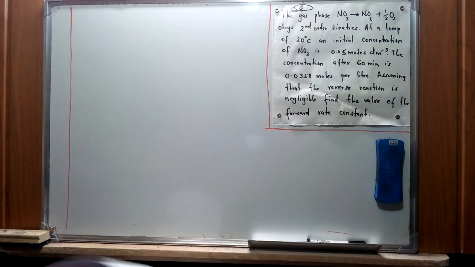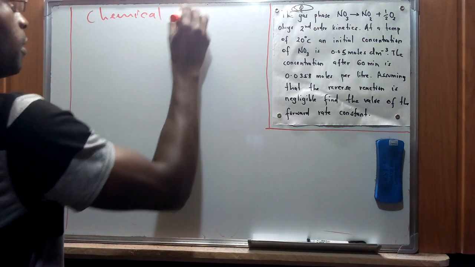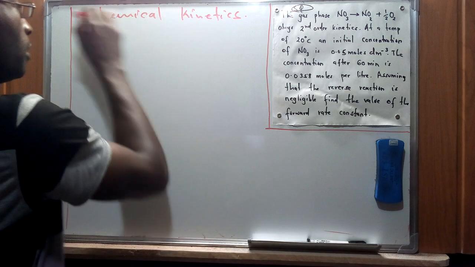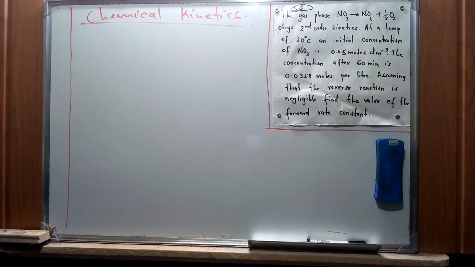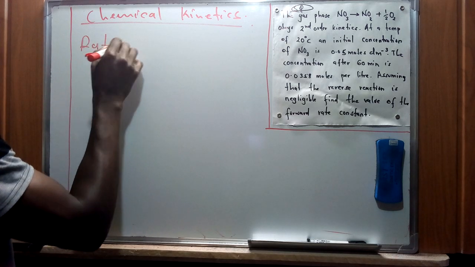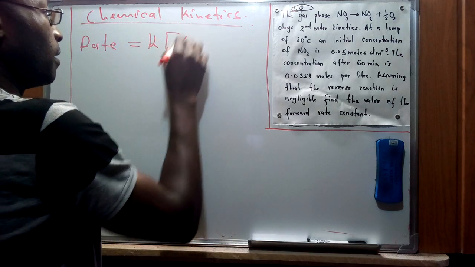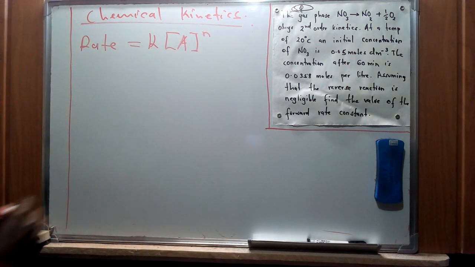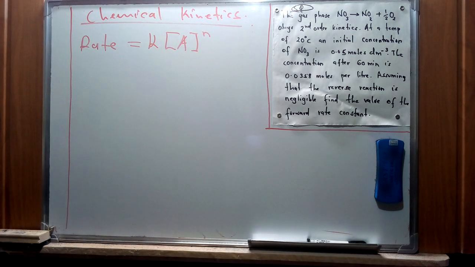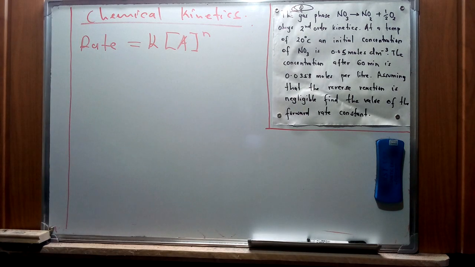From the general information on chemical kinetics that we have discussed in one of our videos, we said that the speed of a chemical reaction can be measured using concentration over time, which is given as rate. This rate is given as k[A]^n, whereby the square brackets refer to the concentration, k refers to the rate constant, and n refers to the order of that specific reaction.